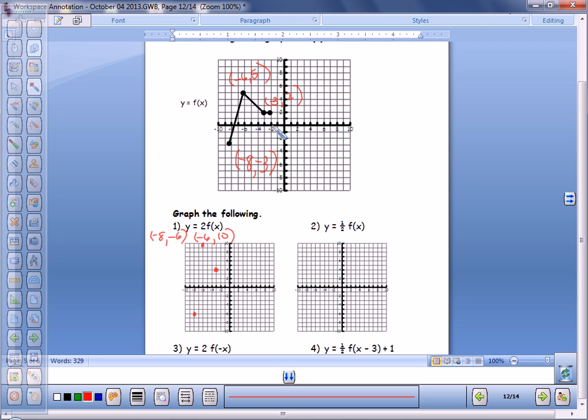And if we take this point, negative 2, 2, and we double the y, we get negative 2, 4. So this is the vertically stretched transformation of this function. Oops, forgot to write these two down. So that would be negative 3, 4, and negative 2, 4.